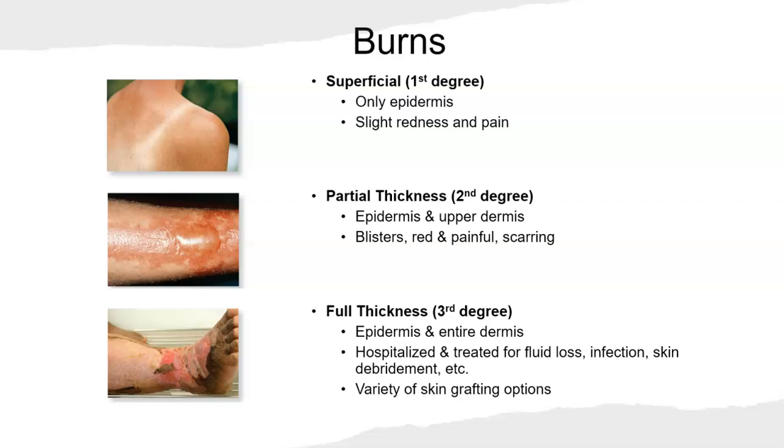A second degree burn is a partial thickness burn, so the epidermis and the upper part of the dermis have been damaged. This is where blisters occur. So this occurs with very severe sunburns or scalding from hot chemicals or liquids. The treatment is similar to that for first degree burns, but we want to take special care not to break those blisters, which increase the risk of infection because we have poked a hole in our covering, so bacteria can get in.